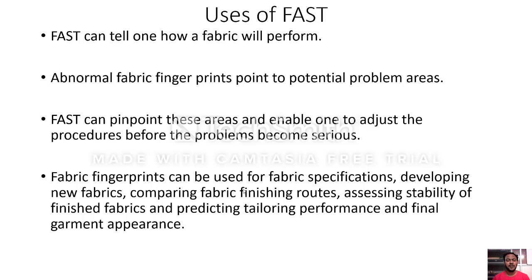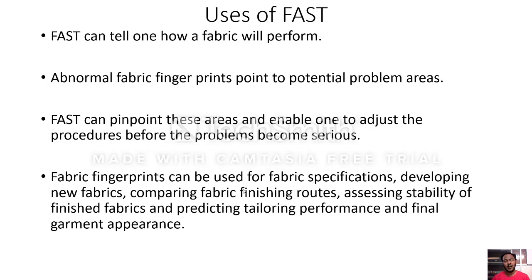By using the compression meter, you calculate the surface thickness and release surface thickness, and you can calculate how effective your finishing agent is. So you can assess the stability of the finished fabrics, and you can predict the tailoring performance without stitching the garment. In the fabric stage itself, you can predict the tailoring performance.